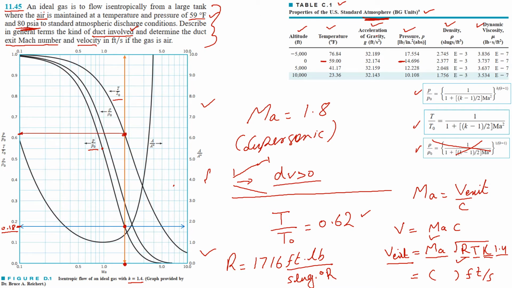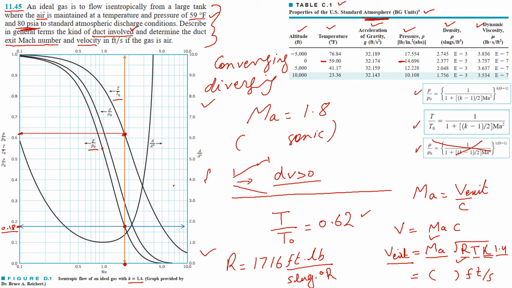So the velocity will stay supersonic, it will increase. So in this case we can also say that the nozzle that is involved is a converging-diverging nozzle, because the flow is supersonic.